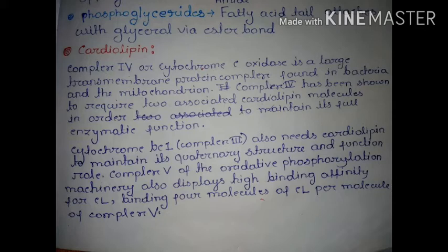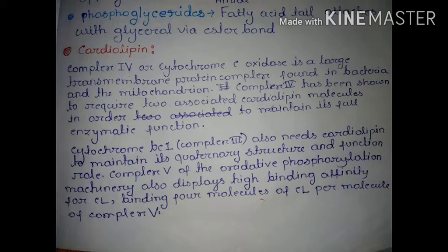This is found in bacteria and mitochondria. Bacteria also contain complex 4, or cytochrome C oxidase, as well as mitochondria. Complex 4 has been shown to require two associated cardiolipin molecules in order to maintain its full enzymatic function.